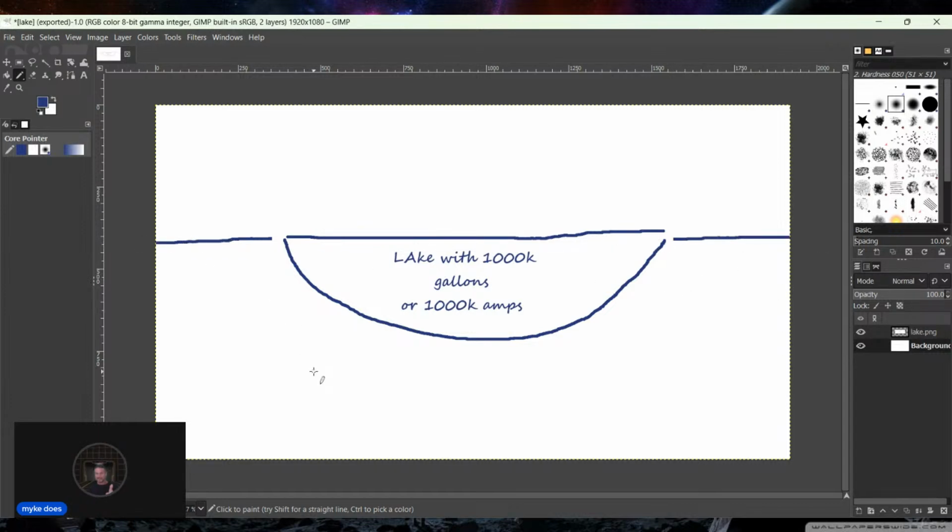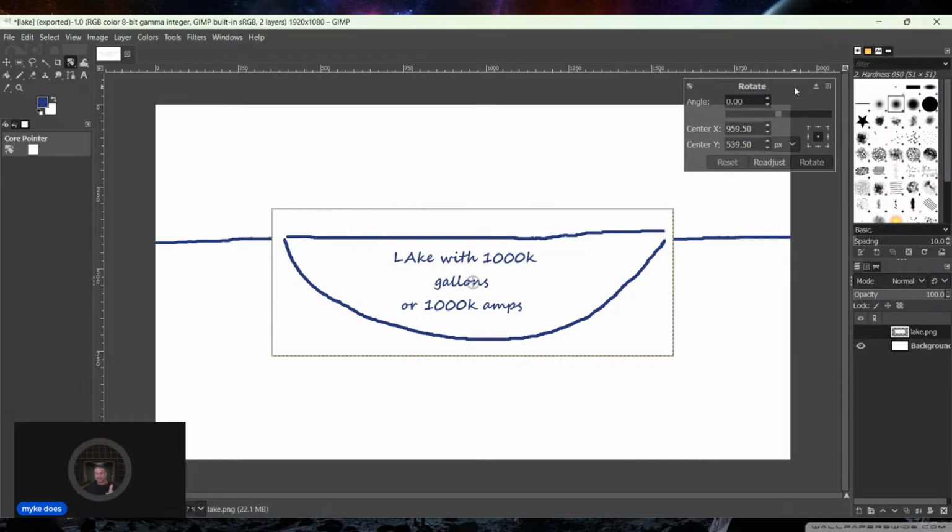The only way to get those amps to move out of that lake or the water is you have to give the lake an angle.